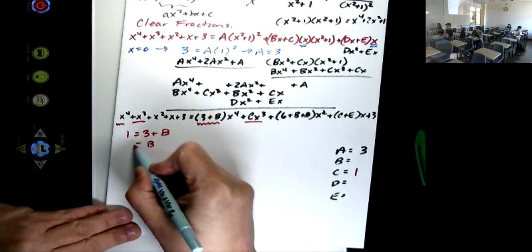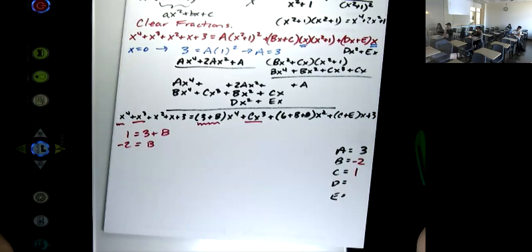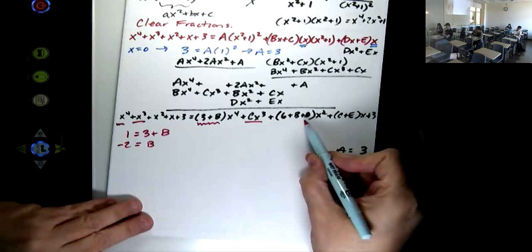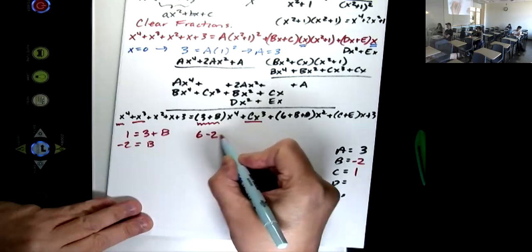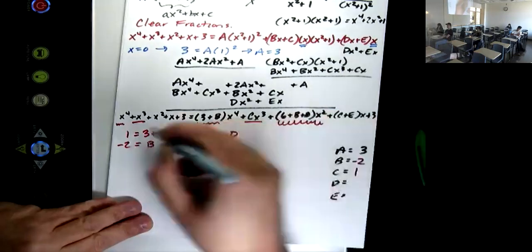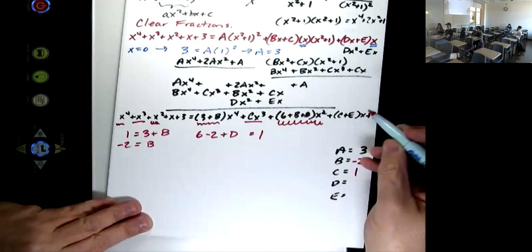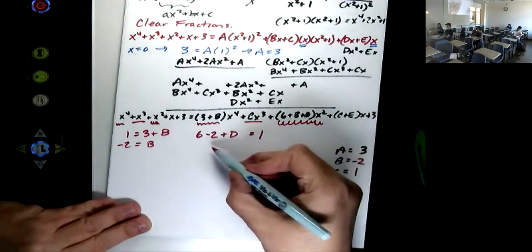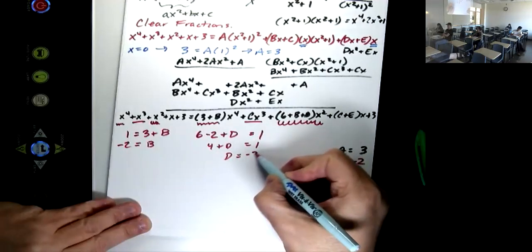So B equals -2. On my x squareds, I've got 6 plus B, which is -2, plus D. That has to equal 1, the coefficients. So this is 4 plus D equals 1, D equals -3.